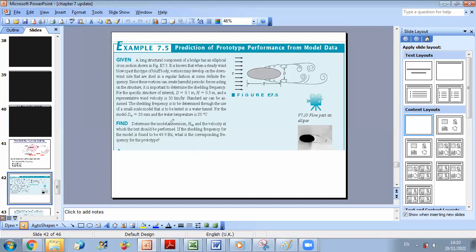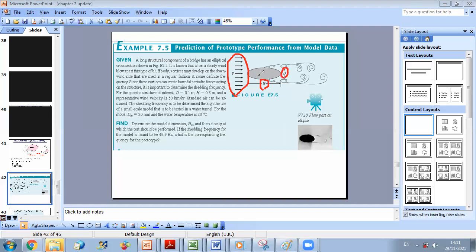So first, what we should do is read the given again and put down the main parameters affecting our problem. The first parameter is of course the velocity of the flow coming over your elliptical cross section. You have the dimensions of your ellipse, so parameters h and d.